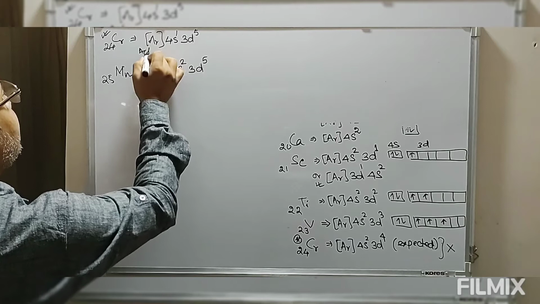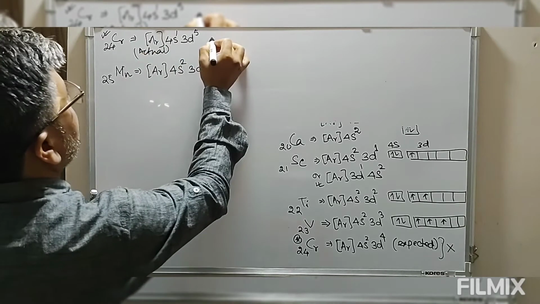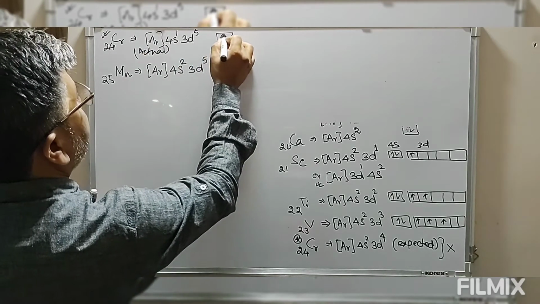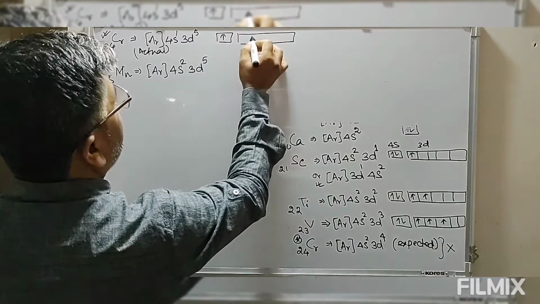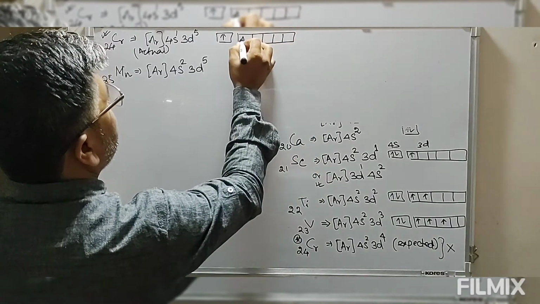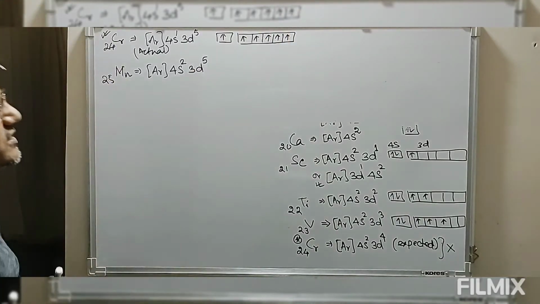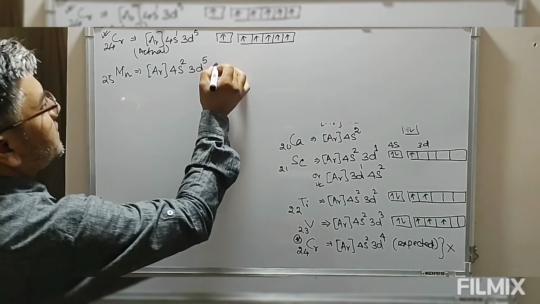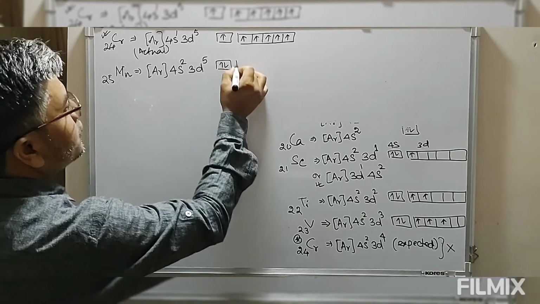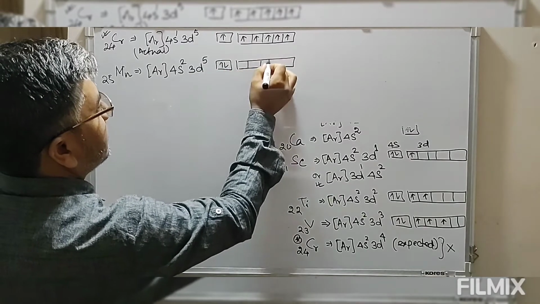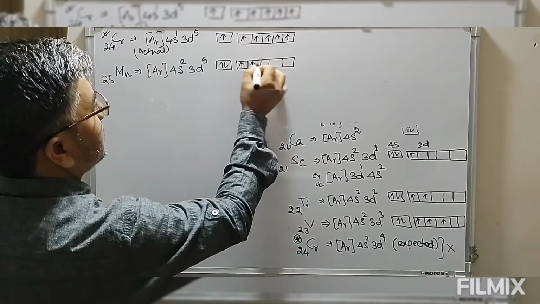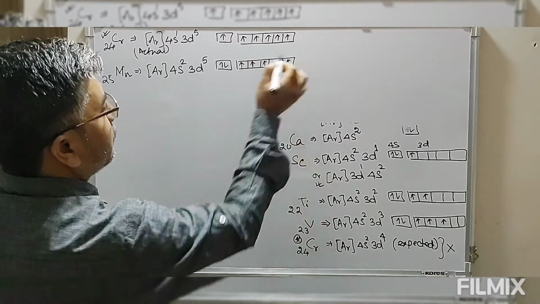This is the actual one. So we have 4s2 and 3d5.